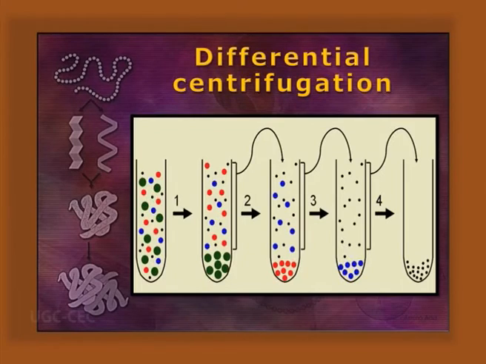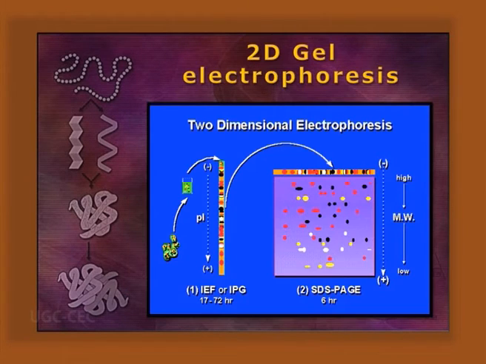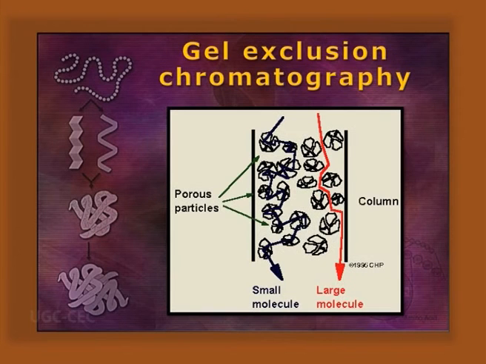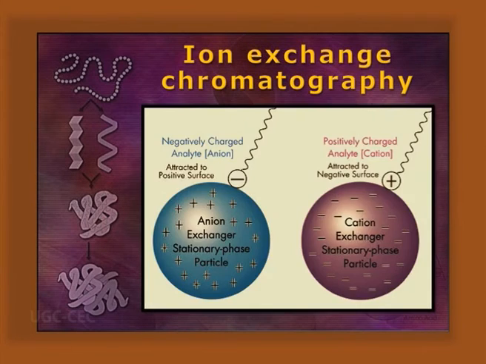Purification: globular proteins can be purified by different techniques. First, differential centrifugation, where proteins are separated according to mass. 2D gel electrophoresis, where proteins are resolved in an electric field according to charge-to-mass ratio. Gel exclusion chromatography, where proteins are separated according to size or mass, and the larger protein comes out first. Ion exchange chromatography, where proteins are separated according to charge by interacting with the matrix.